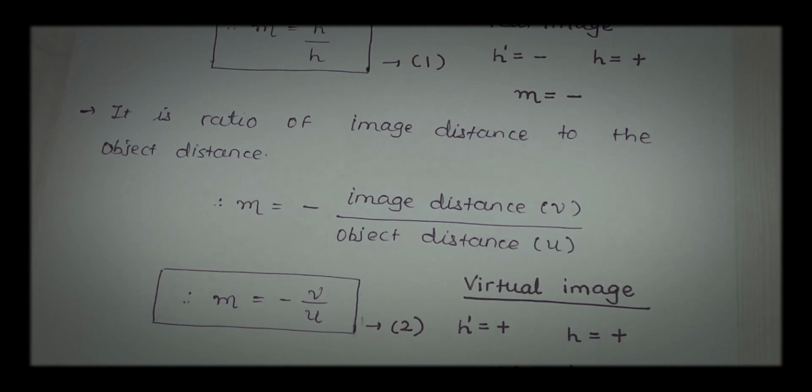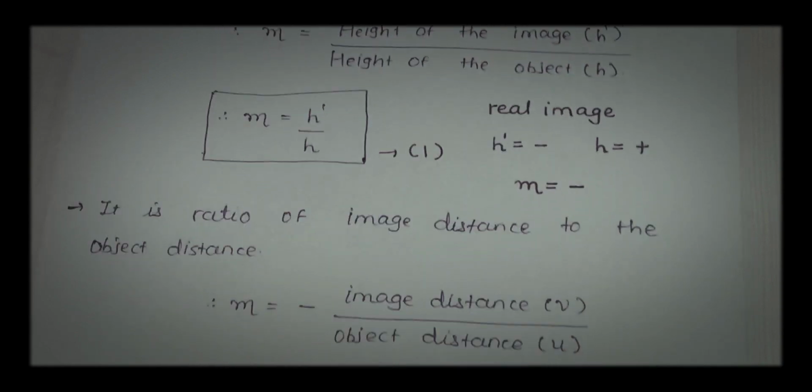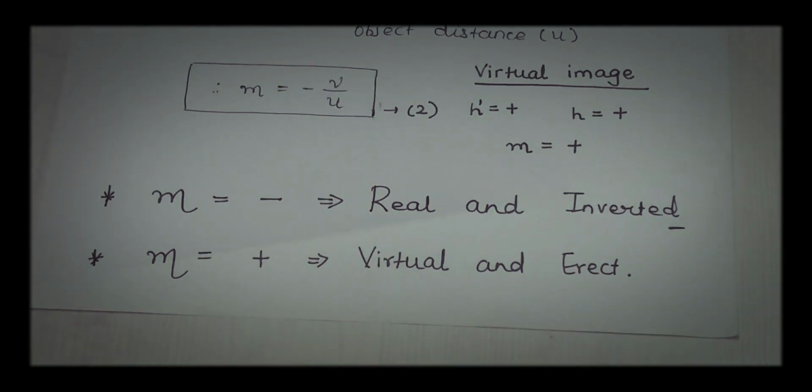By using these formulas we can say that if the magnification value is negative, then we get a real and inverted image, and if the magnification value is positive, then the nature of the image is virtual and erect. Now students, we see the various values of magnification, then the nature and size of the image, and also the types of mirrors, which are most important for us.